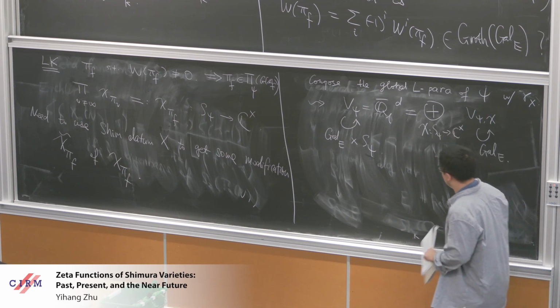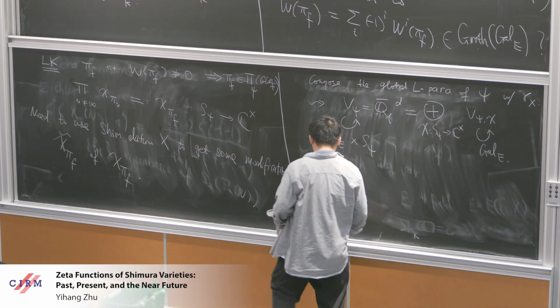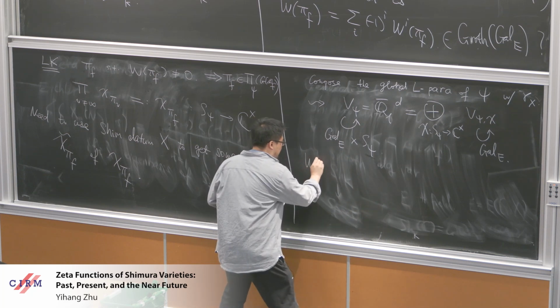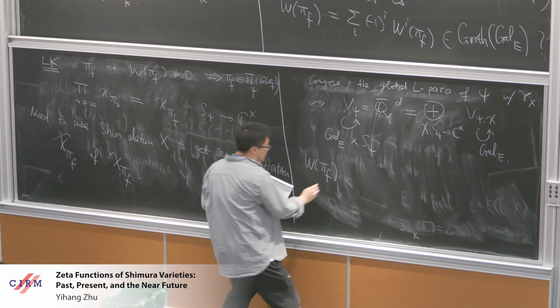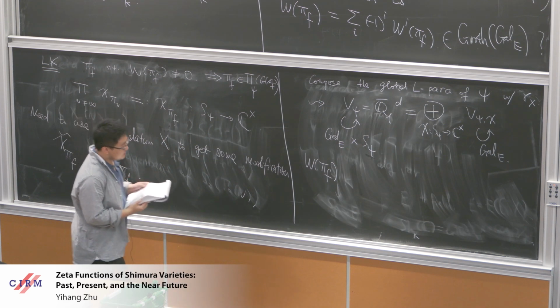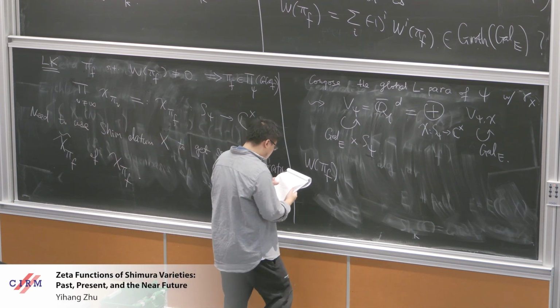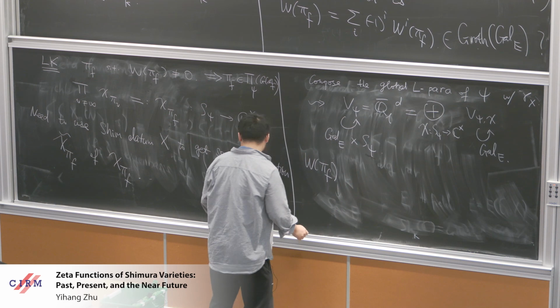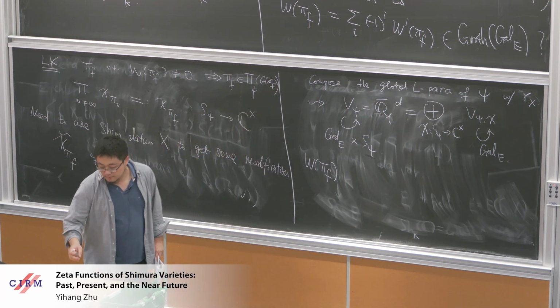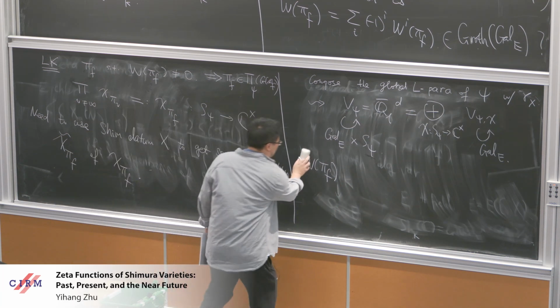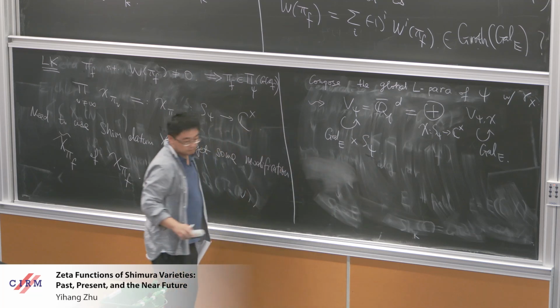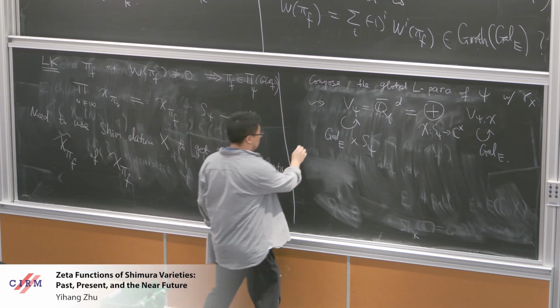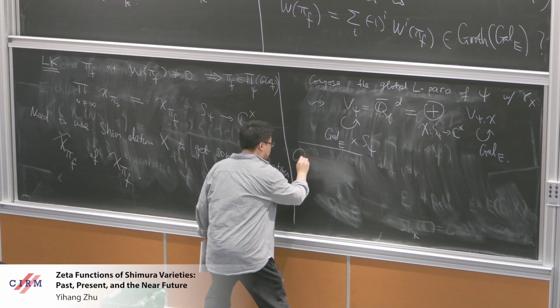And now the Langlands-Kottwitz recipe states that this Galois representation can be described as follows. So this W_π_f is equal to, okay, let me state this as a conjecture. Conjecture.